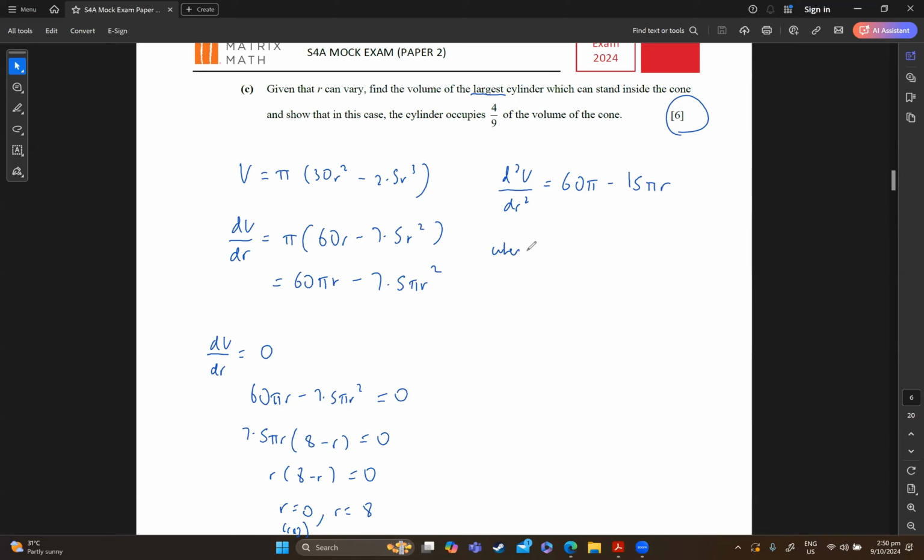When r equals 8, d2V over dr squared equals 60 pi minus 120 pi, which is negative 60 pi. This is less than 0, indicating that the value of r is the maximum value. So write your conclusion first: hence, r equals 8 gives a maximum value.